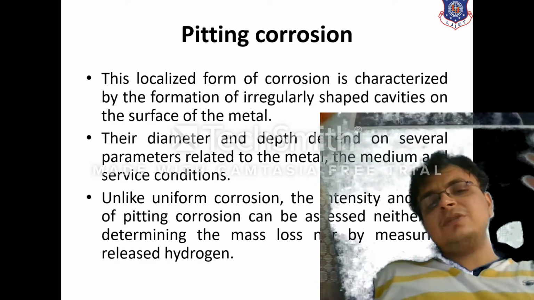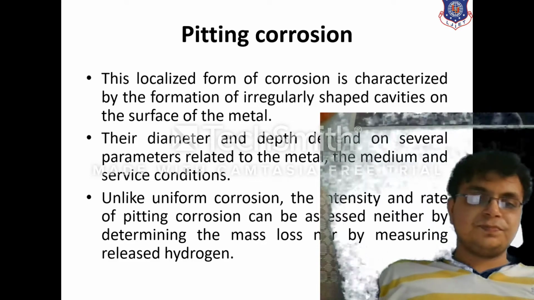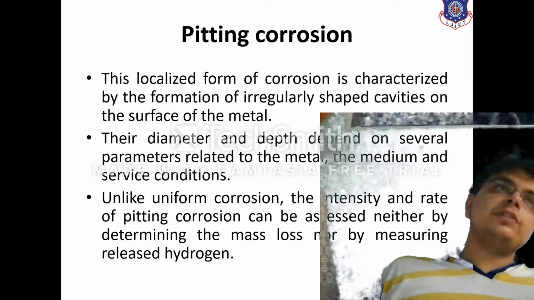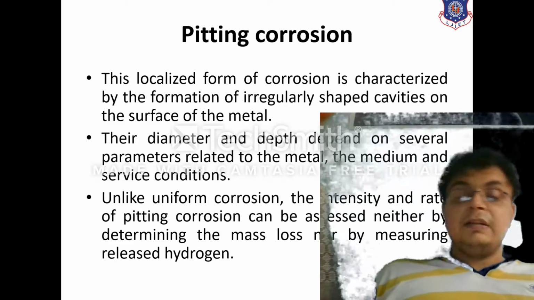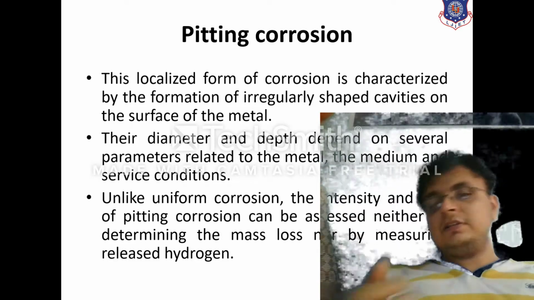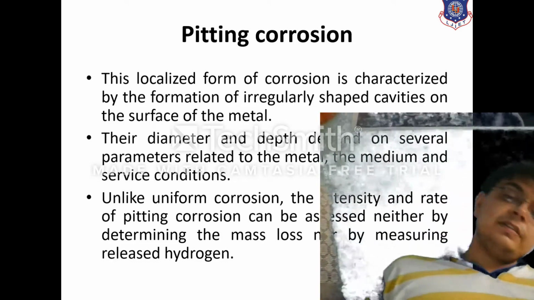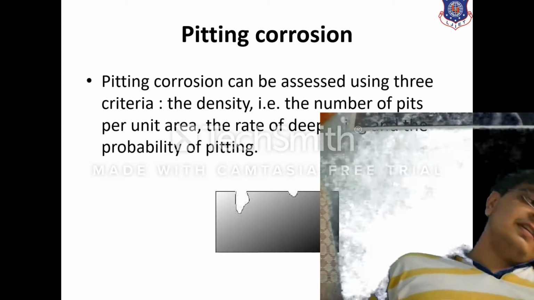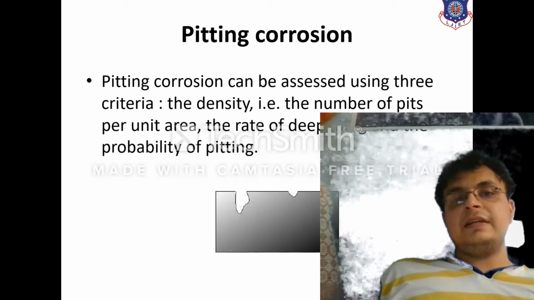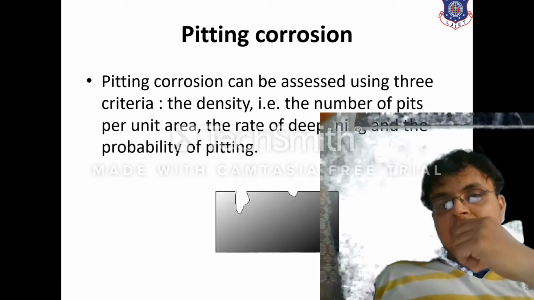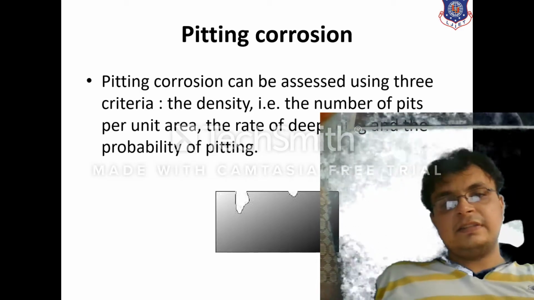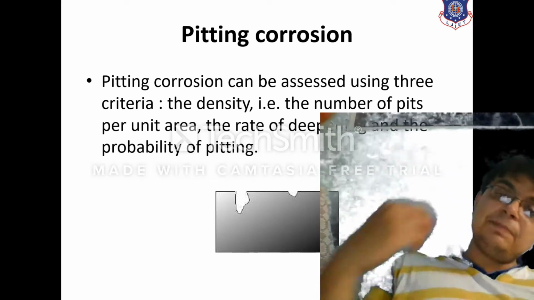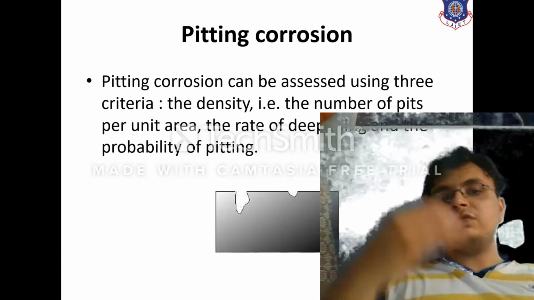Unlike uniform corrosion, here the intensity and rate of the corrosion can be assessed neither by the mass loss nor by measuring the released hydrogen. Pitting corrosion is generally characterized by three criteria: the density, that is the number of pits per unit area, the rate of deepening, and the probability of the pit.